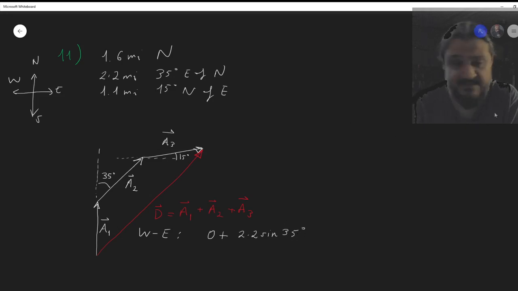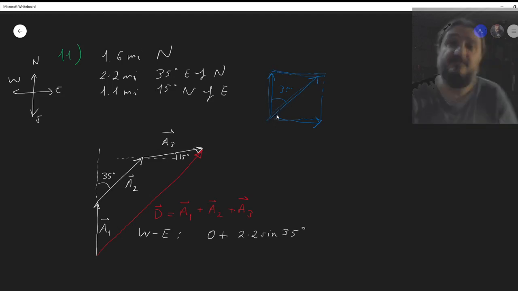If that's not obvious, you can always draw your box around it, like we did in the previous chapter, and realize that this is the east-west component and this is the north-south component, and this side is equal to that side because it's a rectangle, and this is the 35 degrees. Now sine of 35 is side opposite divided by hypotenuse, therefore side opposite is hypotenuse times sine 35. That's why I wrote 2.2 times sine 35.